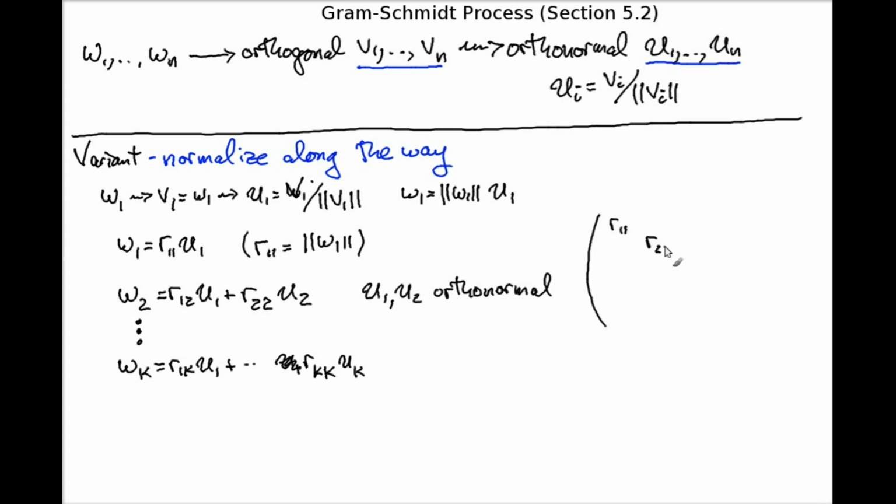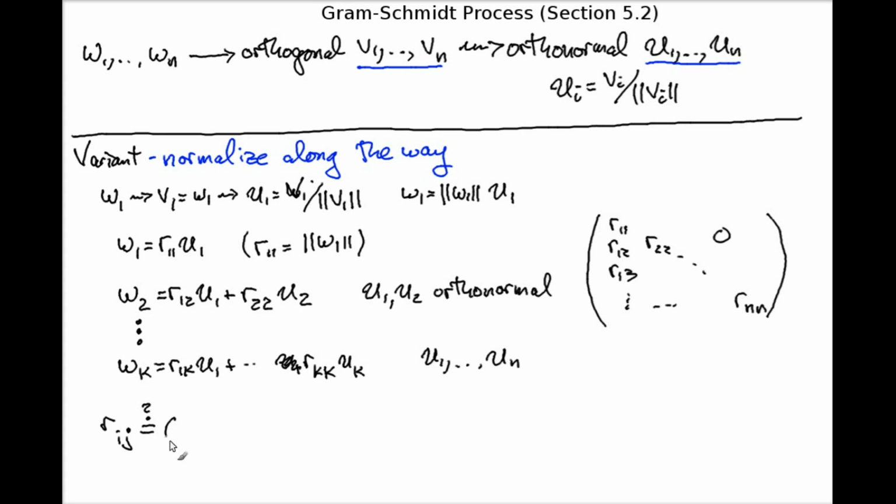If you write these numbers down in a matrix, it looks like this, with zeros up here. And when I'm done, if I can do this, I will have an orthonormal basis u1 through un. And all I need to do is figure out what the rij's are.